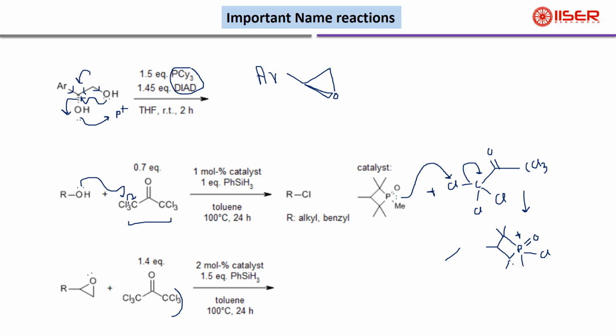After that this epoxide oxygen will attack this phosphorus center and remove one chlorine from the system.